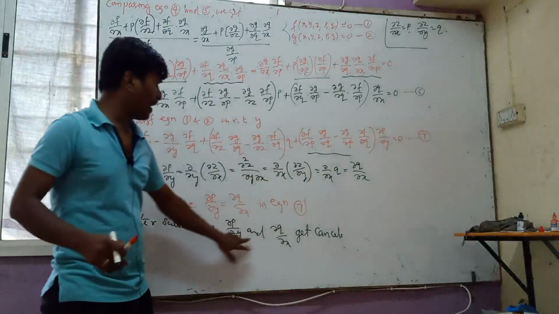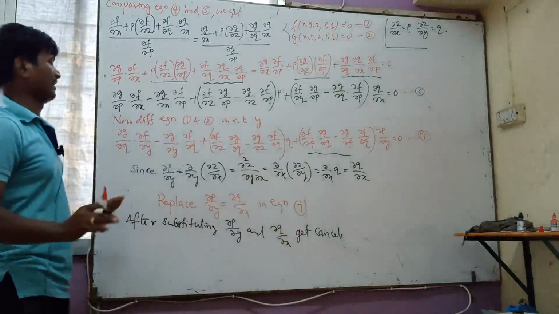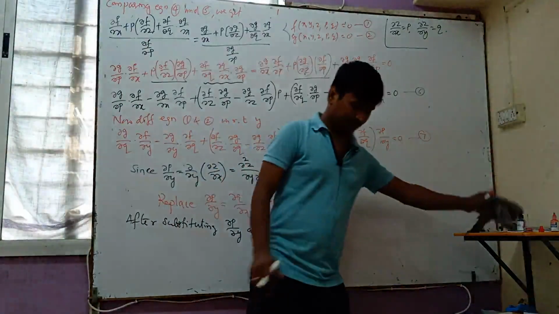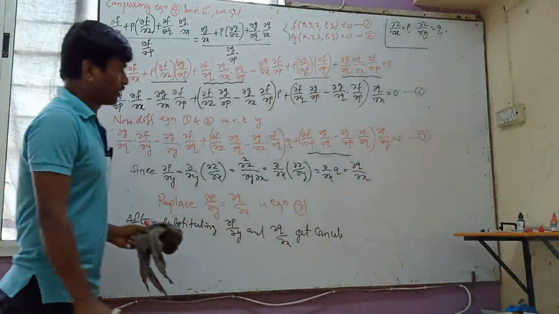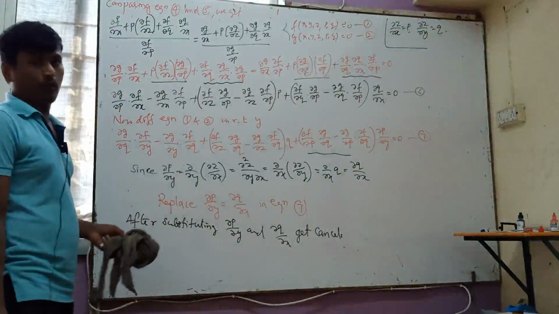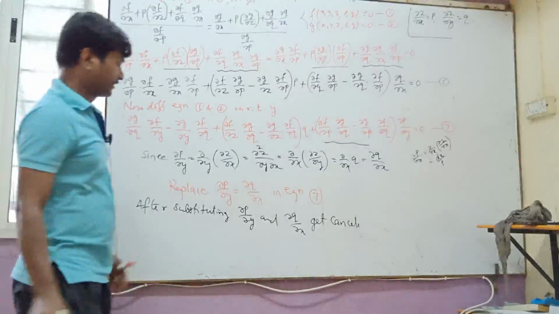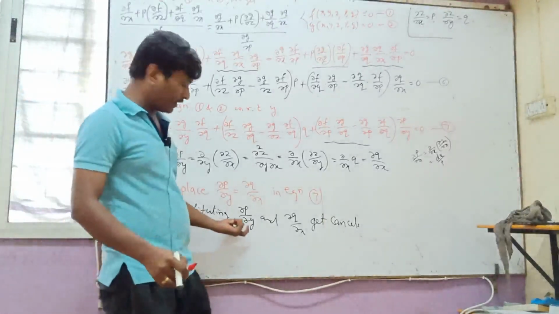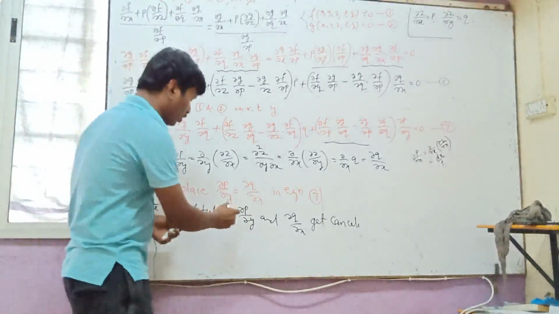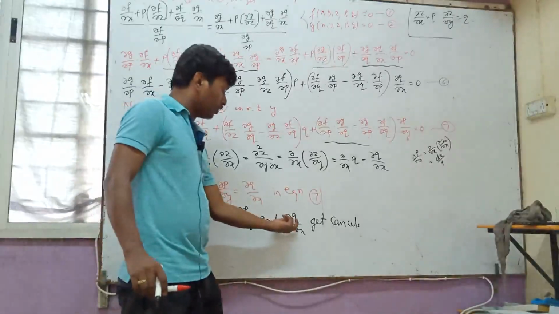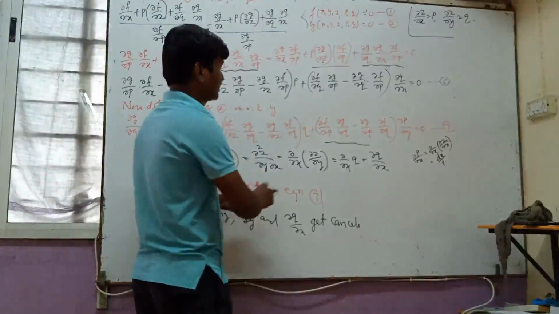All the dou p by dou y and dou q by dou x terms will get cancelled. So after cancelling, adding those equations 6 and 7, we get the result.